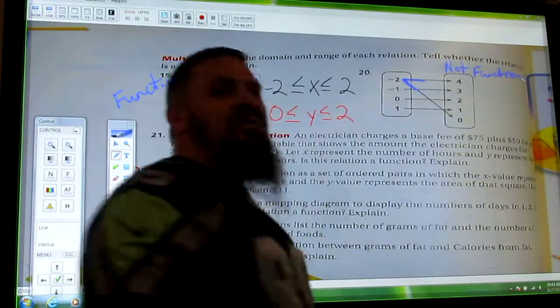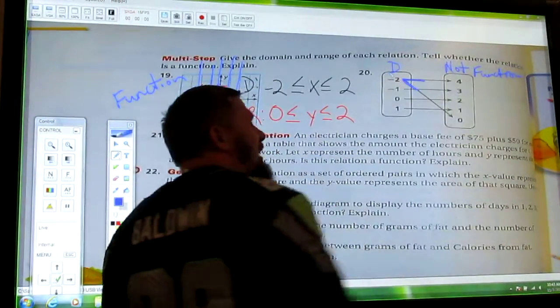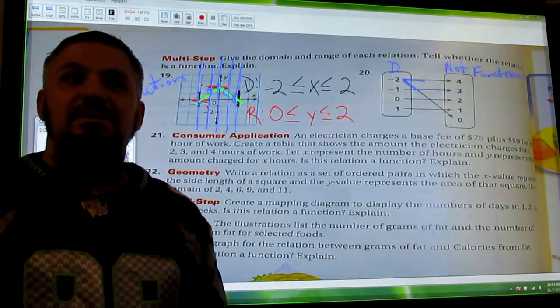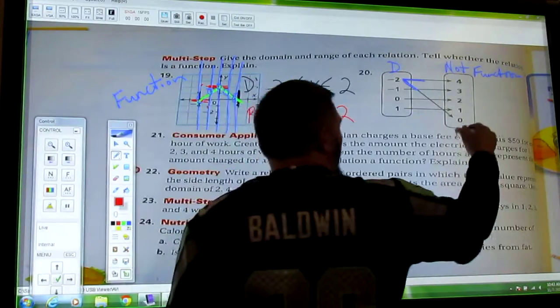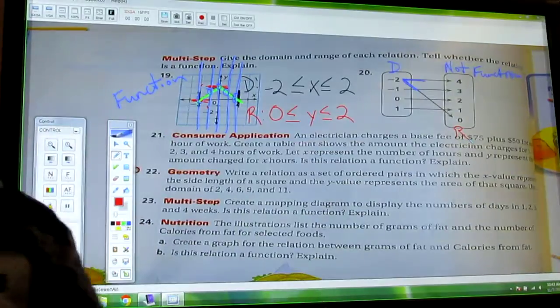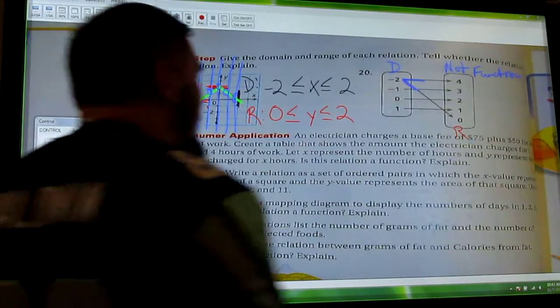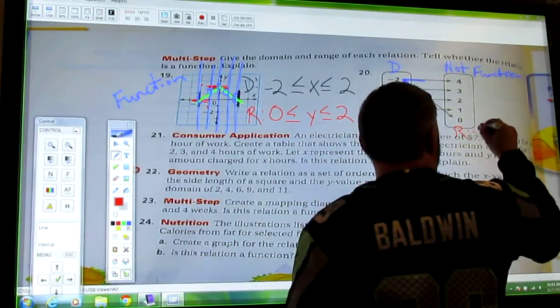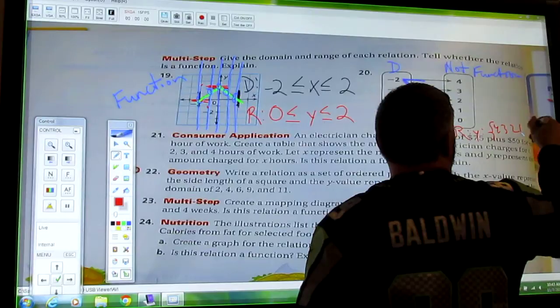Now what's the domain? Right here. What's the range? 4, 3, 2, 1, 0. That's the range: y such that 4, 3, 2, 1, 0.